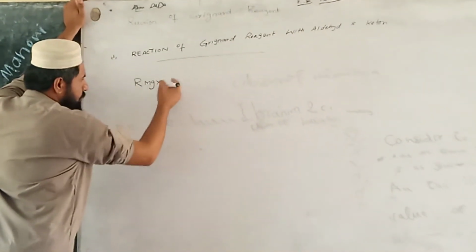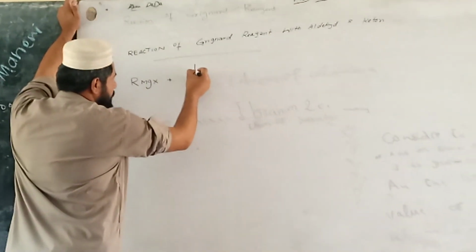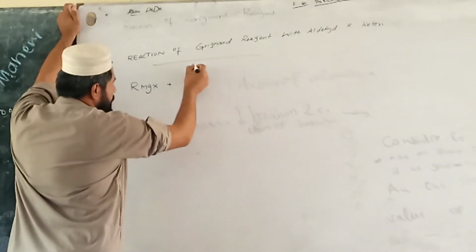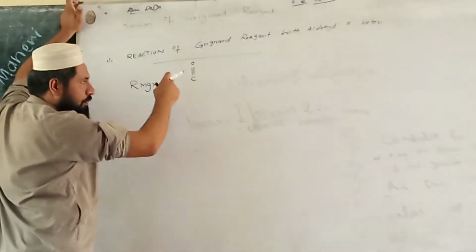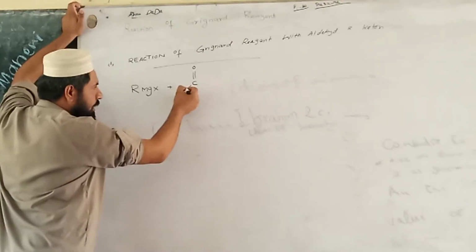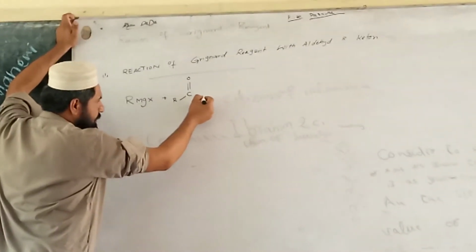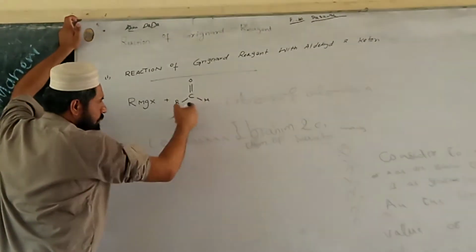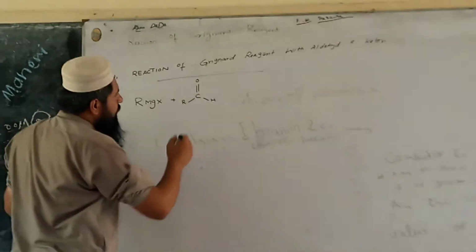When it reacts with the carbonyl compound, this is the carbonyl group. Carbon is doubly bonded to an oxygen atom. If on one side there is R and on another side there is H, this is our aldehyde. So what will be formed?